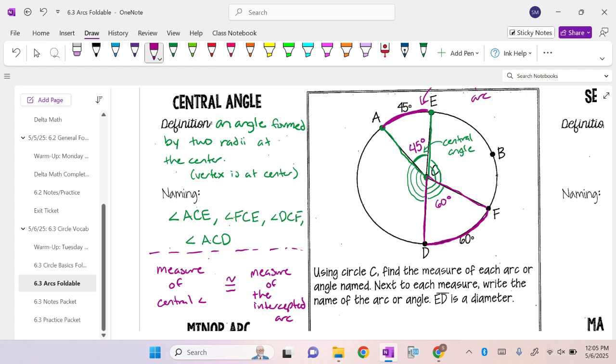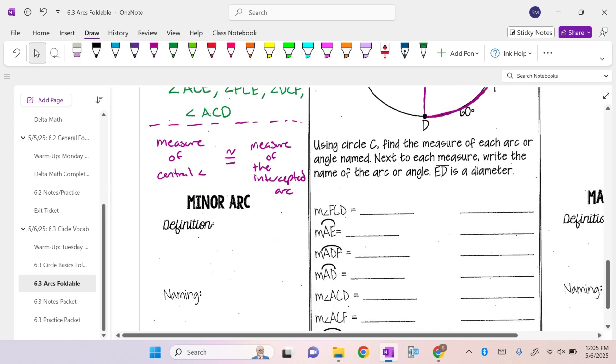Now, let's talk about how we define arcs. All right. And there's not really a lot of math to this per se. It's more so how we know what kind of arc we're talking about, how we name arcs. So there are two different types of arcs. They're called minor arcs and major arcs. All right.